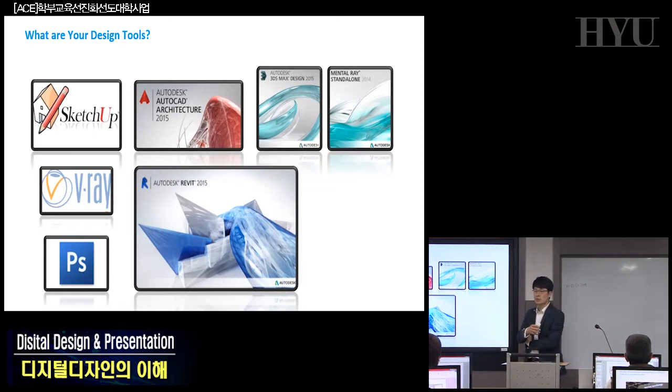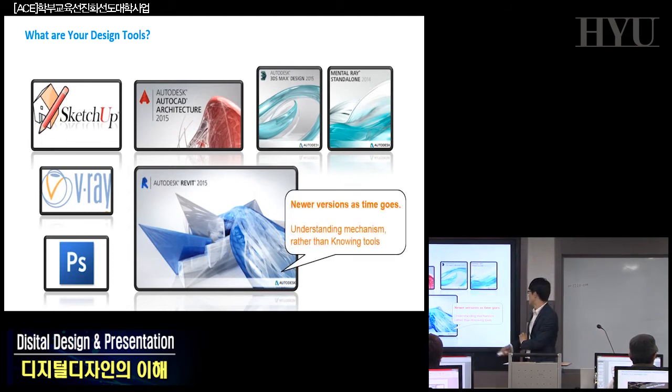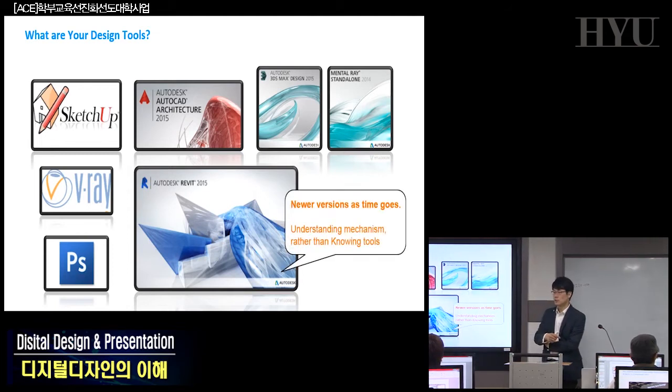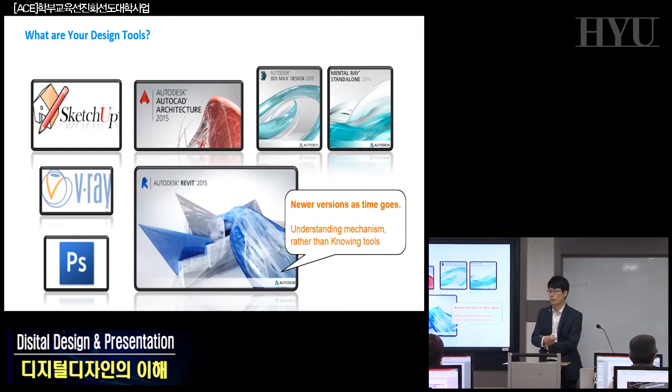Anyway, you know what SketchUp is, at least how to use it to model your 3D surface-based model. But newer versions are always evolving as time goes. Understanding mechanism rather than knowing tools simply means that you don't need to stick to memorizing the sequence of clicking buttons or the pull-down menu system.